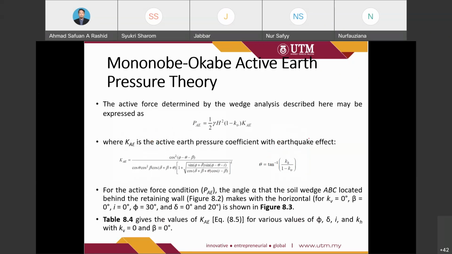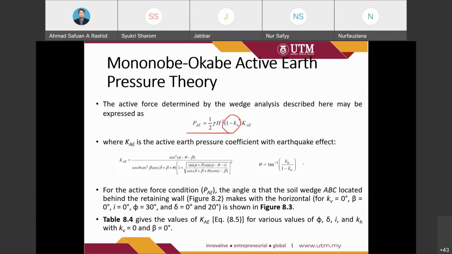So the active force determined by the wedge analysis described here may be expressed as, so this is the equation where they include the 1 minus KV, where KAE is the active pressure coefficient with the earthquake effect. So later on, the KA has been improvised by introducing the theta.